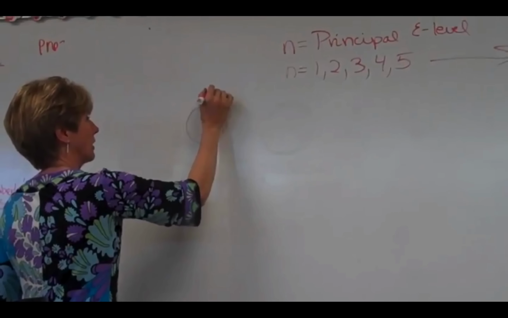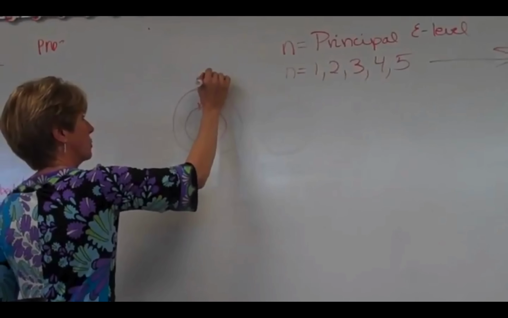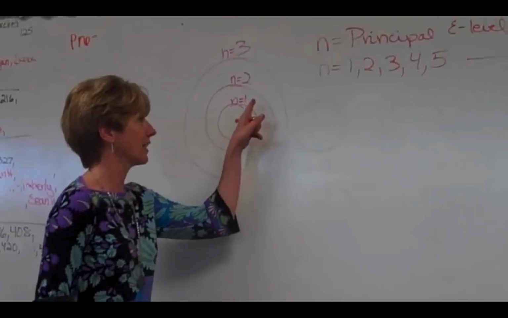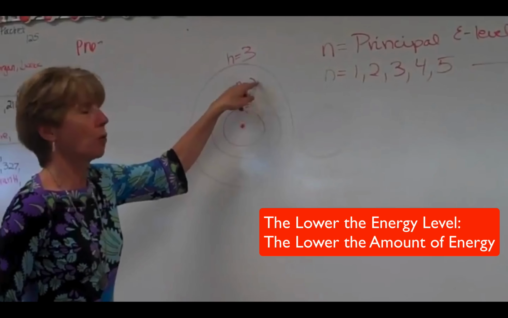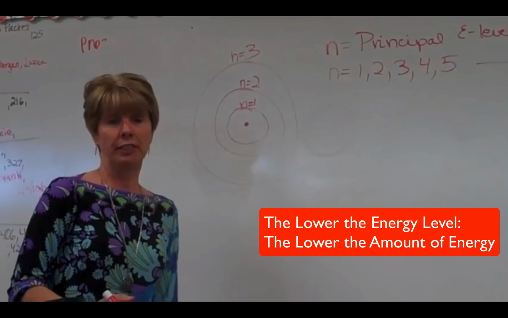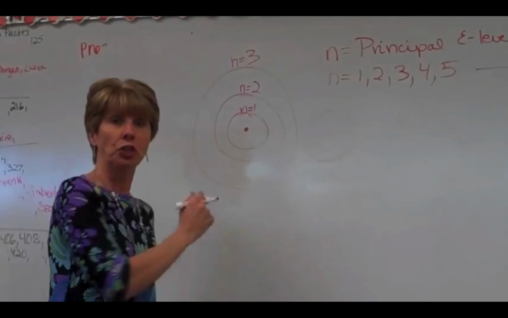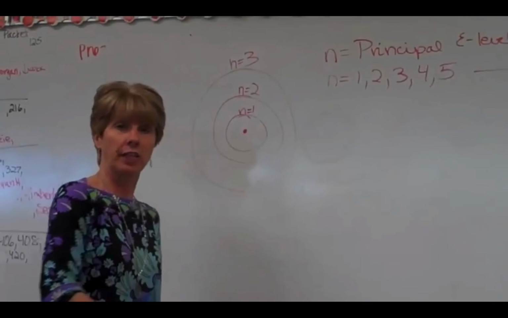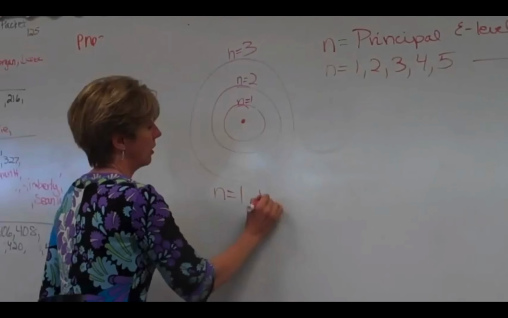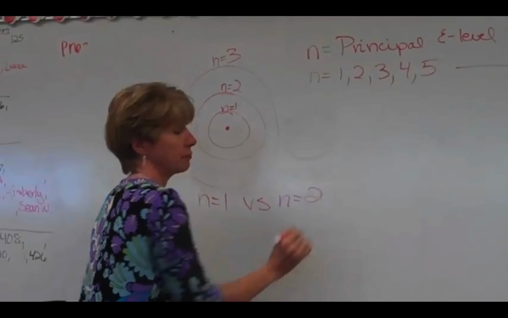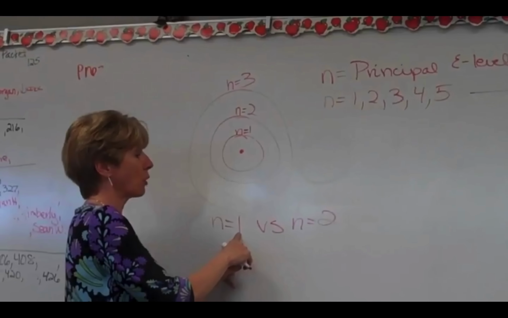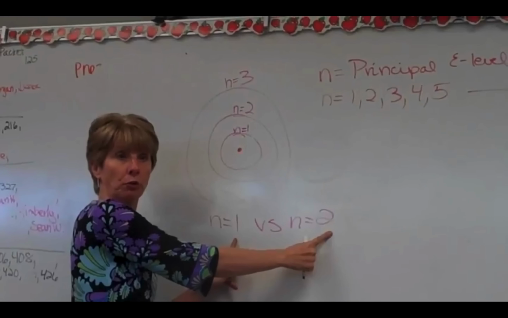N equals 1. N equals 2. N equals 3. The lower the energy level, the lower the amount of energy. The closer to the nucleus, the smaller the electron cloud. So if you're going to compare N equals 1 versus N equals 2, N equals 1 has lower energy than N equals 2.